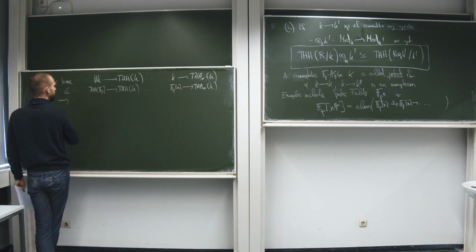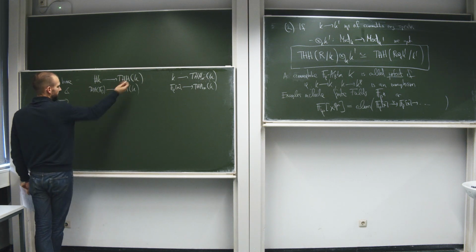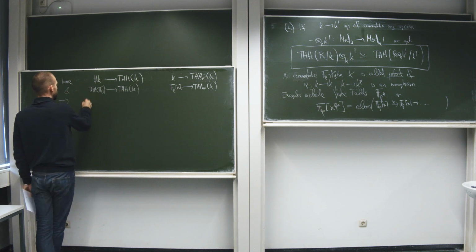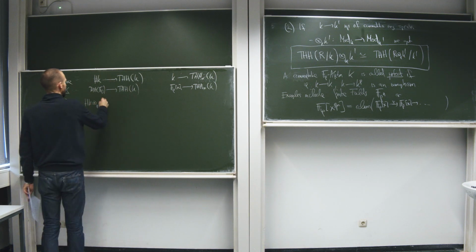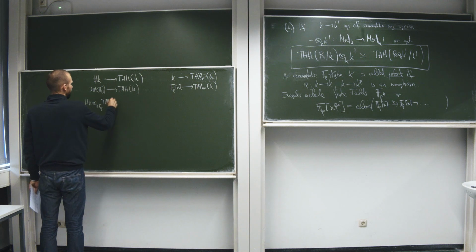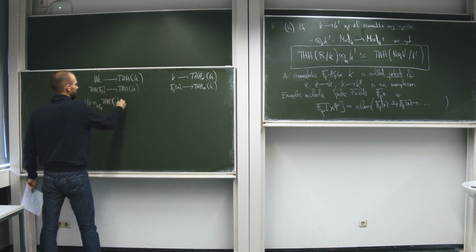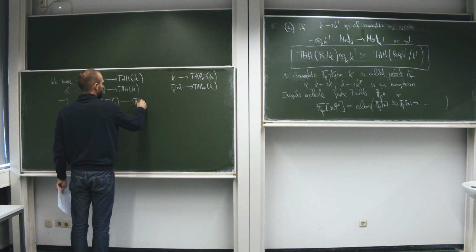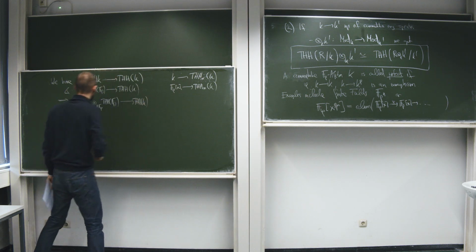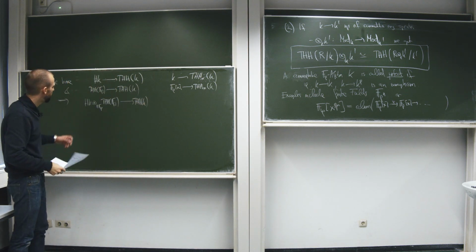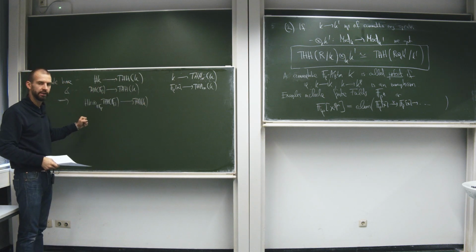So we get a combined map, using that THH K is a commutative ring spectrum, from HK tensored over HFp with THH Fp into THH K. And what does this map do on homotopy groups?